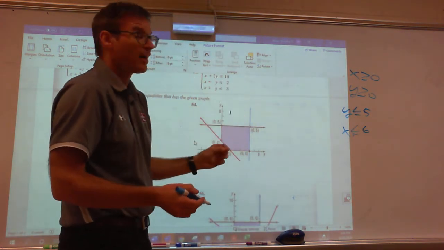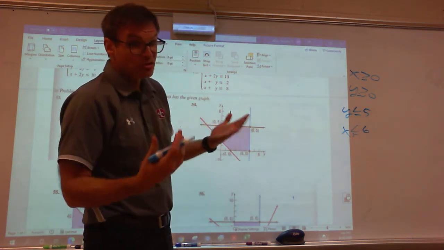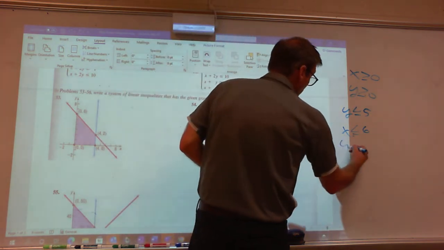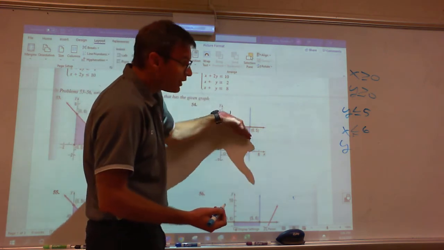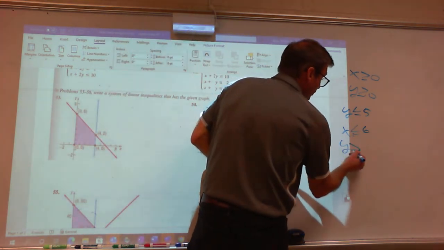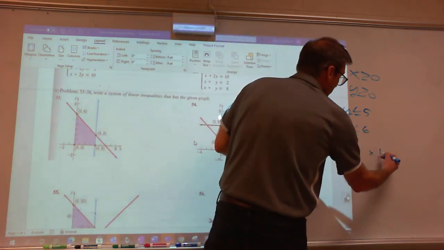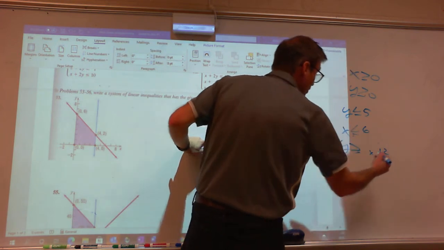The last thing I have to handle is the sort of slanted line. And that's just a regular line. I use slope-intercept form. So this is going to be y. I see that it's shaded up, and since it's shaded up, I'm going to say greater than or equal to. I've got something x plus, I see that's got a y-intercept of 2, so I know I get to put a 2 here.